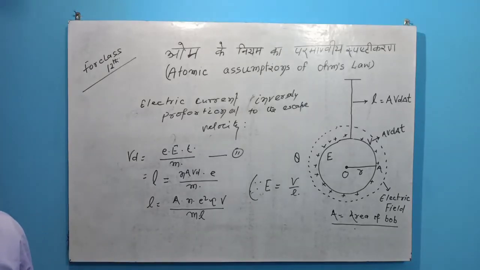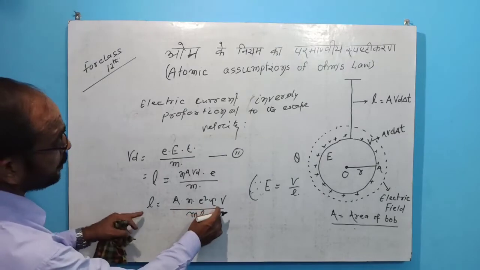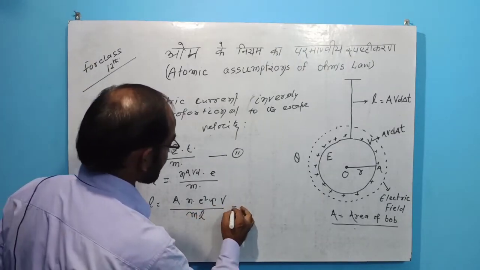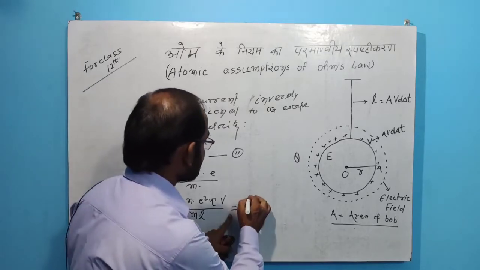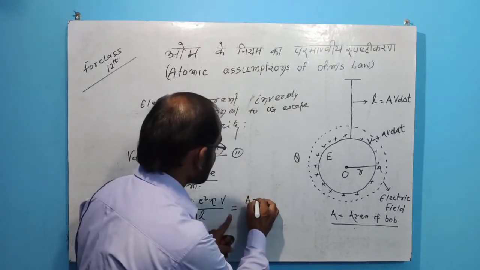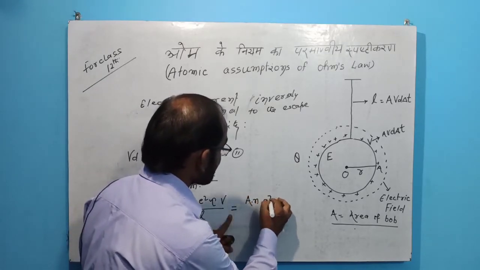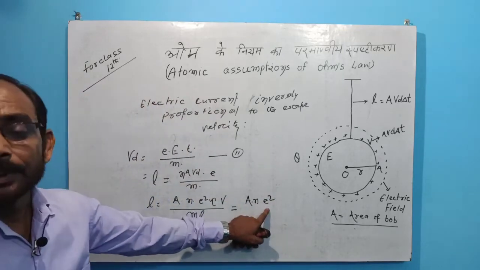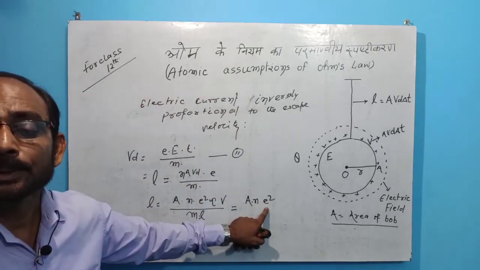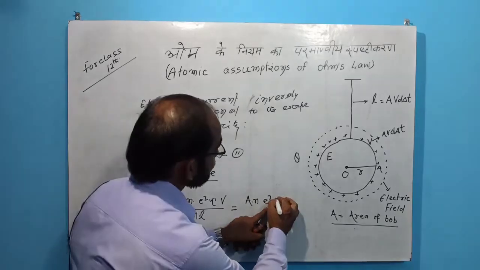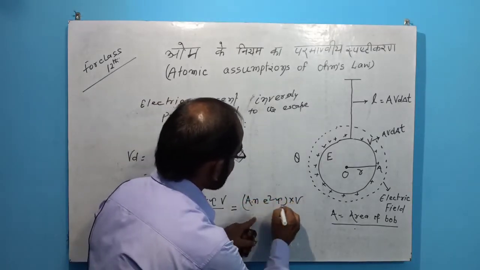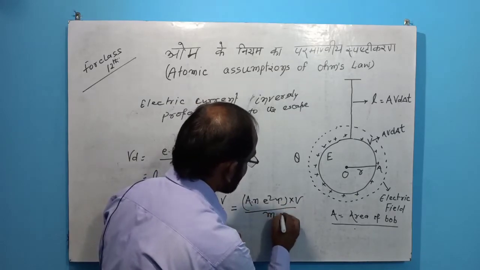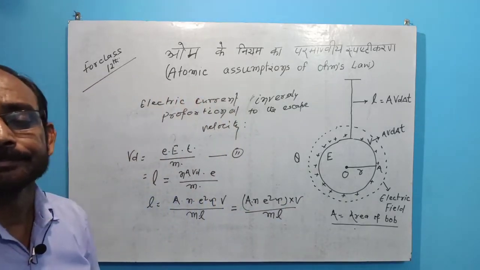So L equal to this, and that can also be written A n E square tau into V upon ml.